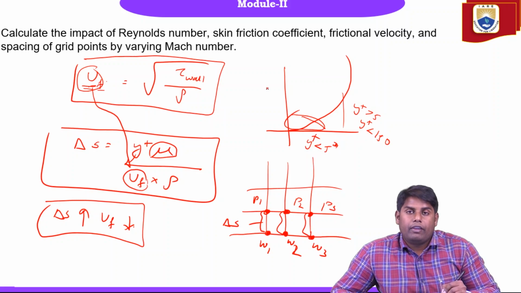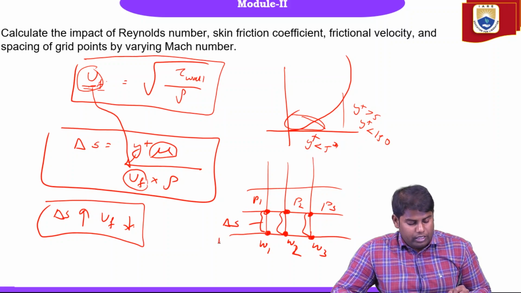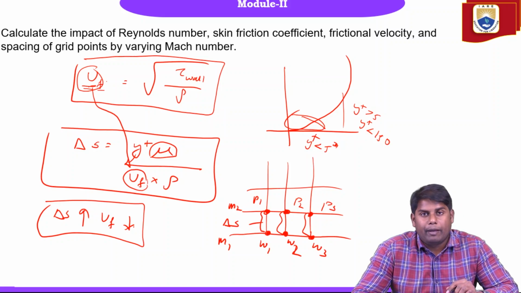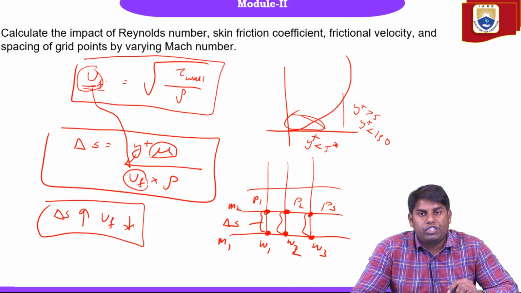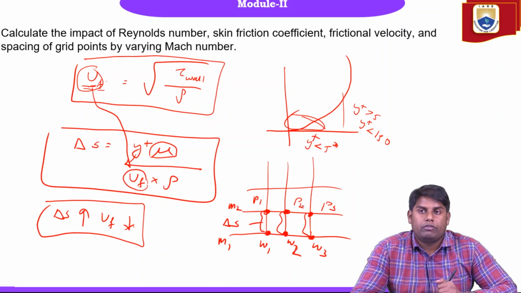Okay. Let's say this is mesh line M1, this is mesh line M2. So the spacing between mesh line M1 and M2 will be the same throughout the points, let's say W1 P1, W2 P2, W3 P3.